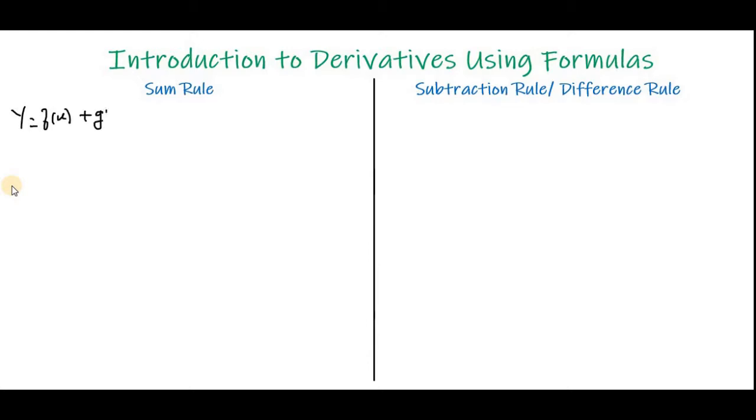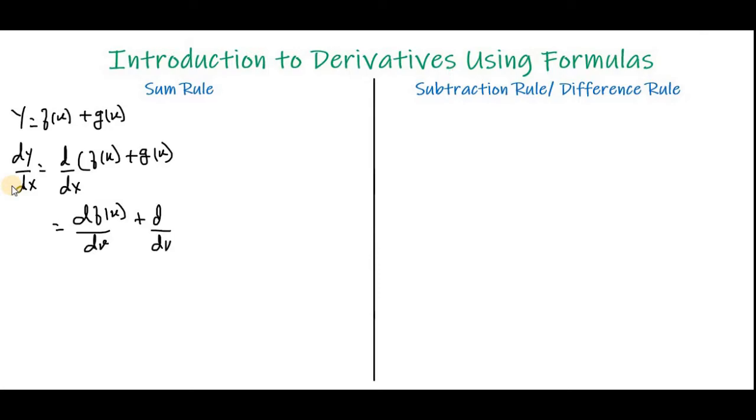So let y is equal to f of x plus g of x, taking dy by dx on both sides, d by dx of f of x plus g of x, so we can write d by dx f of x plus d by dx g of x, and then apply all other respective formulas which are applicable in the given function.